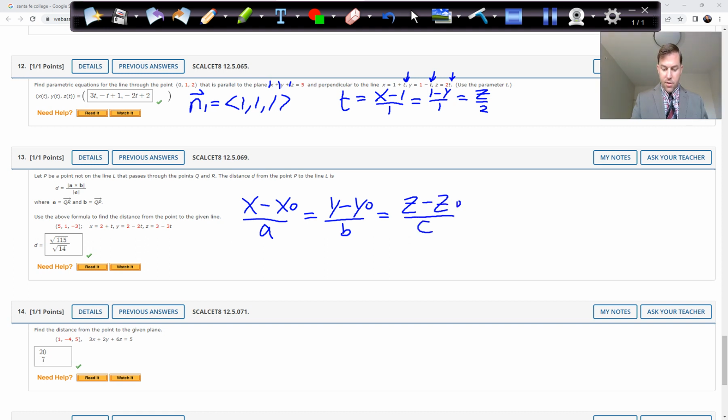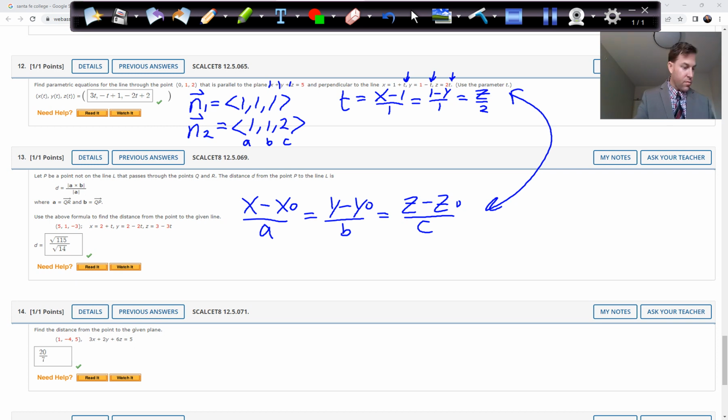And the perpendicular plane then, n2 we'll call it, has to be the a, b, and c, which are just the denominators of these three equations. So that's why I wrote divide by 1, divide by 1. So a is 1, b is 1, c is 2, based on matching these equations.